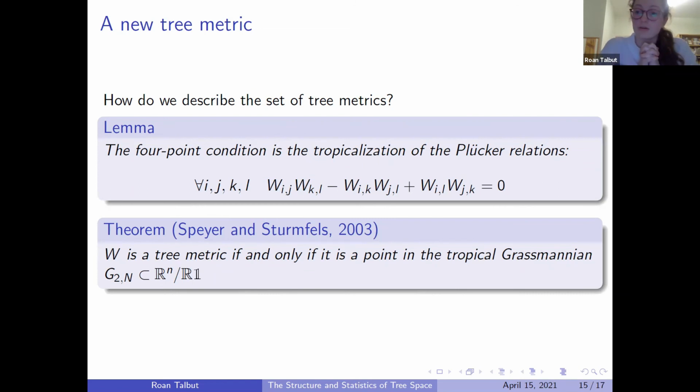Basically, the 4-point condition that we were just looking at is the tropical version of the Plucker relations, which are used in standard algebraic geometry to describe the tropical Grassmannian, or sorry, the normal Grassmannian. So the way we can tropicalize this expression, firstly, when we tropicalize an expression, minus signs just become addition.